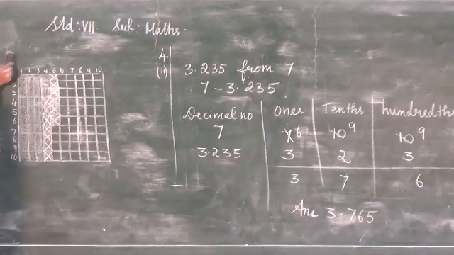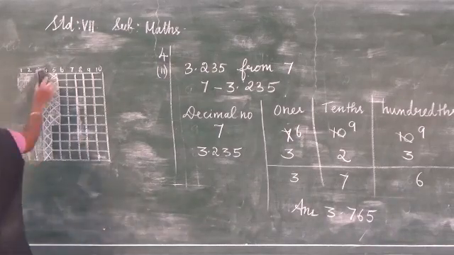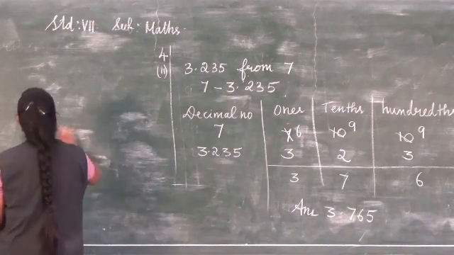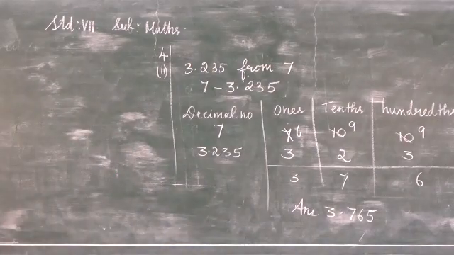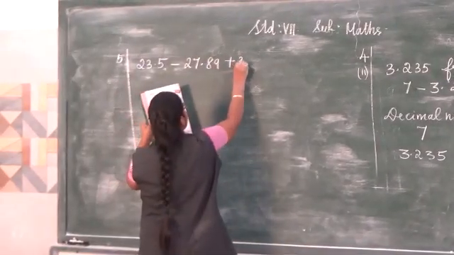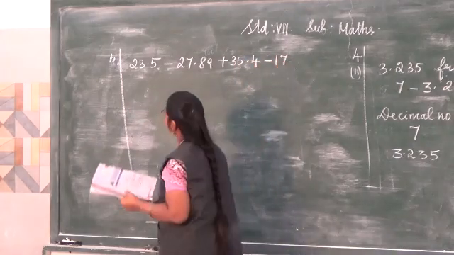So the next one, fifth problem, simplify. Fifth problem, simplify 23.5 minus 27.89 plus 35.4 minus 17.